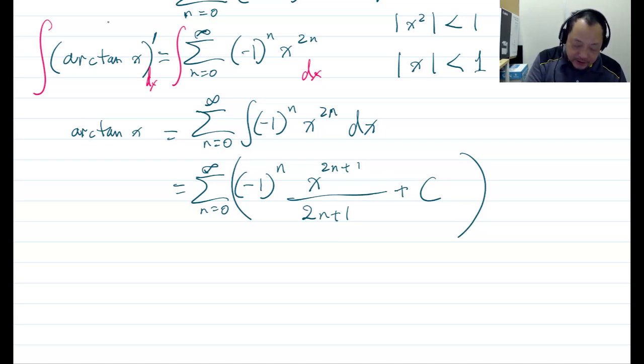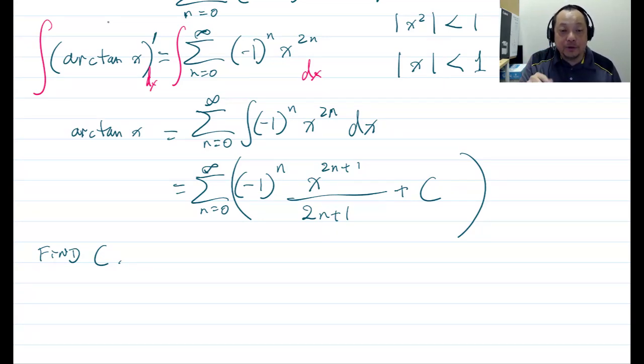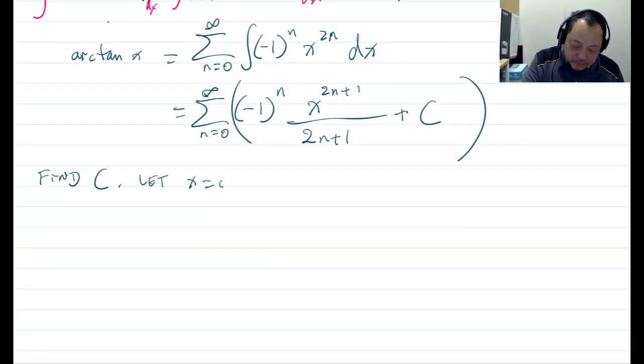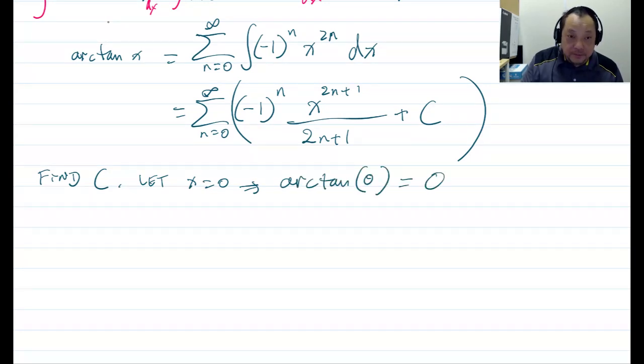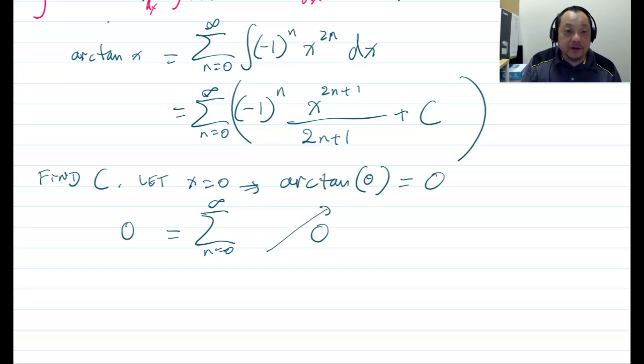Again, I need to find c. And again, a very convenient number to plug in is x equals 0, because then in the power series, all the terms with x would just cancel out to 0. Arctan of 0 is 0. And so on the left-hand side, I have 0. And then on the right-hand side, all of this goes to 0 because of the x, plus c.